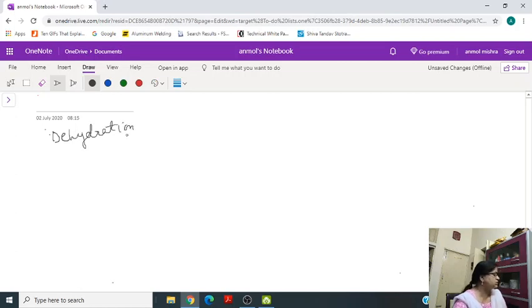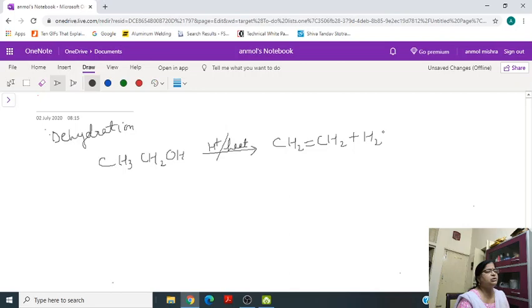Dehydration: when ethyl alcohol undergoes dehydration or is heated in the presence of acid, it forms alkene, and because of removal of water, it is called dehydration reaction.